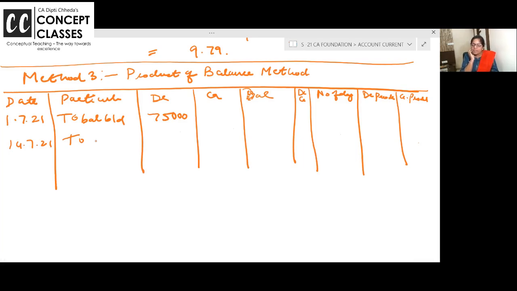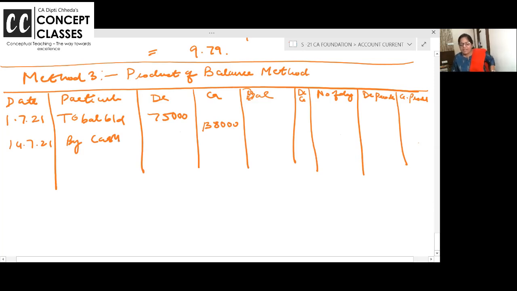When you deposit cash in the bank, we debit the bank account, but the bank will do what? Credit. So we credit 1,38,000 and we will not write 'to', we will write 'by cash'. This is how the bank will prepare.